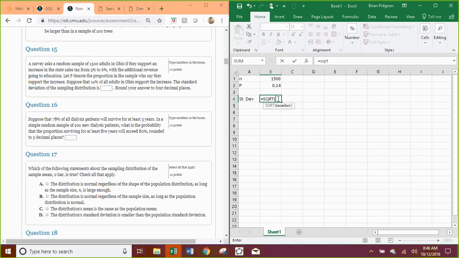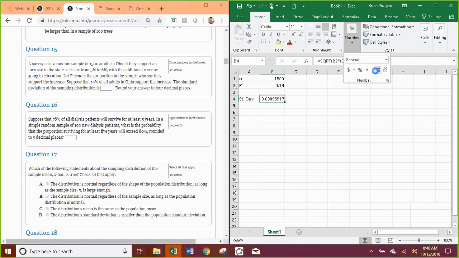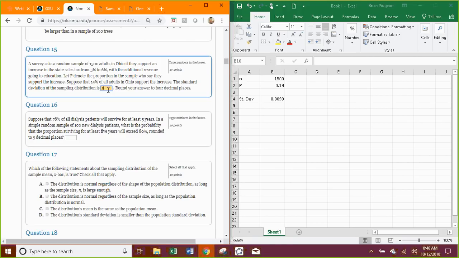So we know that the standard deviation is the square root of P times 1 minus P over n. We're going to round this to 4 decimal places. And what's nice is that if you do it this way by just marking off cells and clicking them, if another question that's similar appears in the test, you already have all the code done and you just have to change the number.